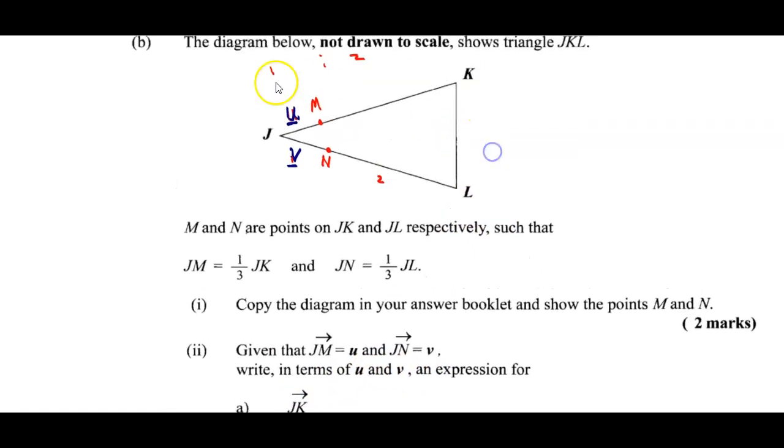So let's look and see JK. JK would be the full length. So if this is u and if this is 1 part and that's 2, it means that this would be 2u. From M to K would be 2u.